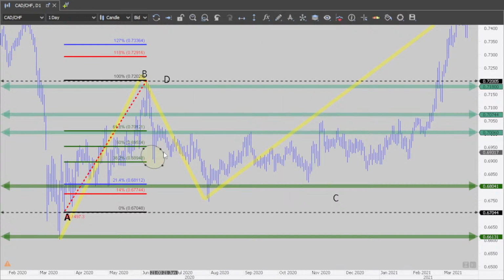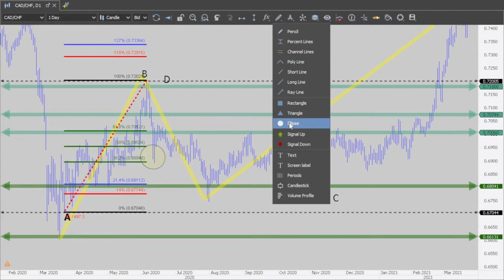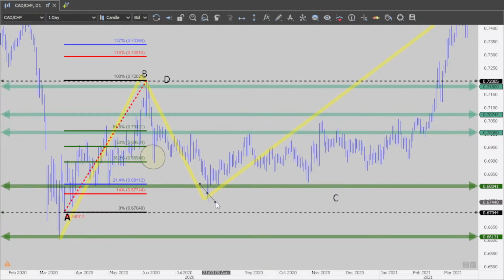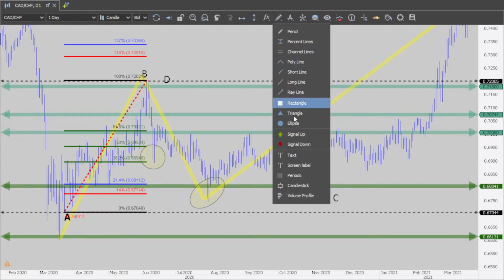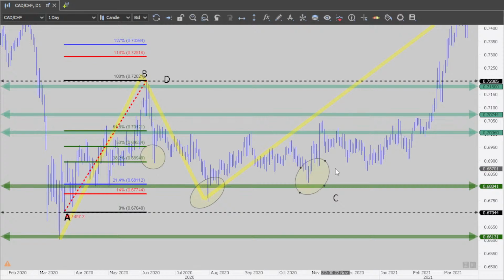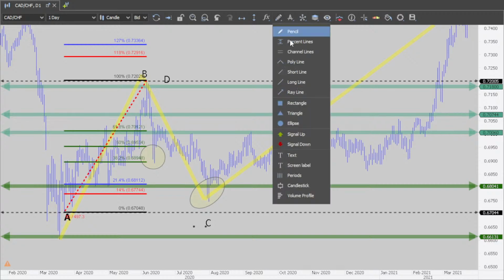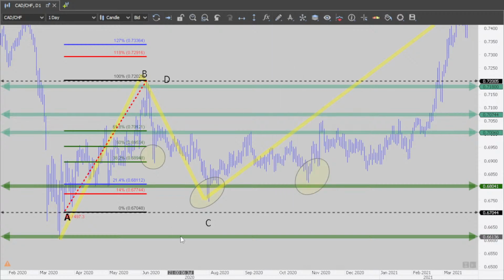Is the first circle our C? Is the second circle our C? Is the third circle, which one is our C? First circle, second circle, third circle.